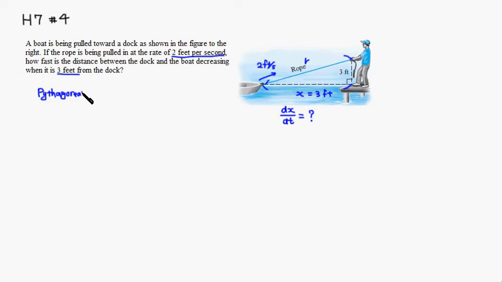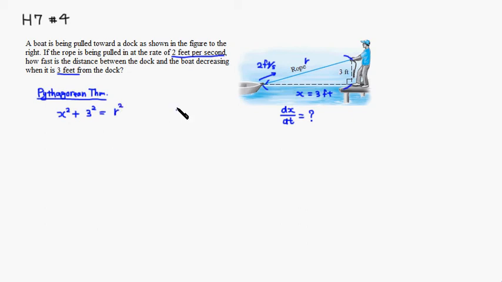The Pythagorean theorem gives us that x squared plus this guy squared, which is 3 squared, is equal to the length of the rope squared, so r squared.